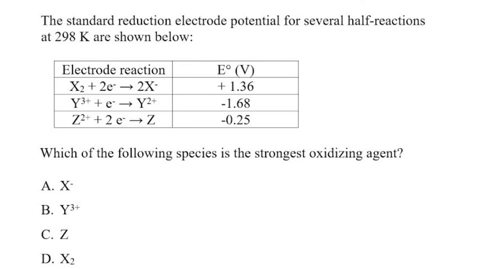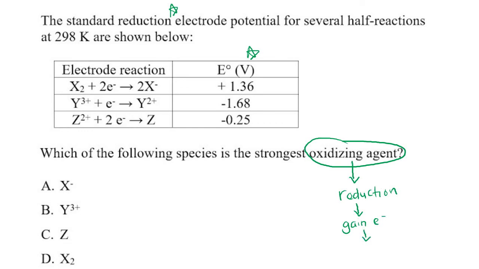Okay, we have reached the last question for this video. The reduction electrode potential is given in this table, and you need to identify the strongest oxidizing agent. As we know, the oxidizing agent itself will undergo reduction. Reduction is a process where it needs to gain electrons, and this leads to the SRP value being more positive.